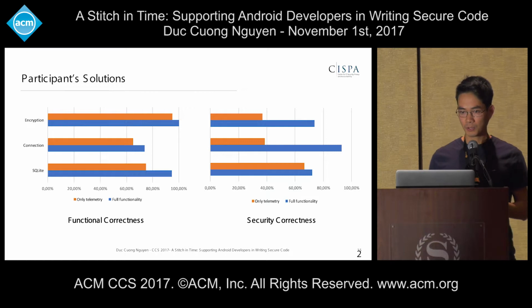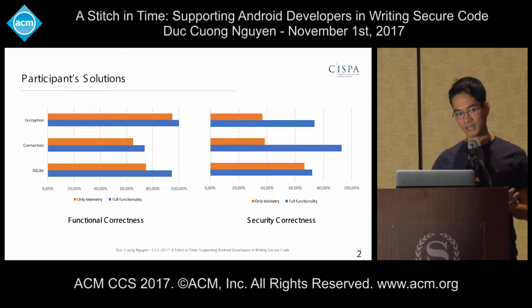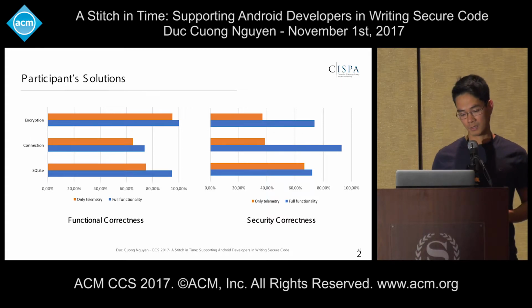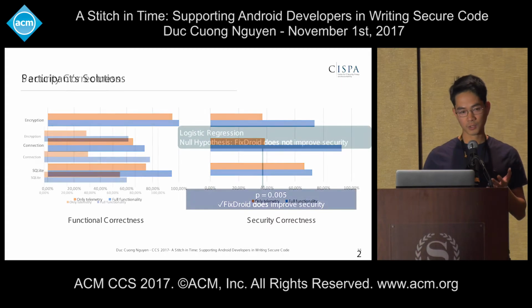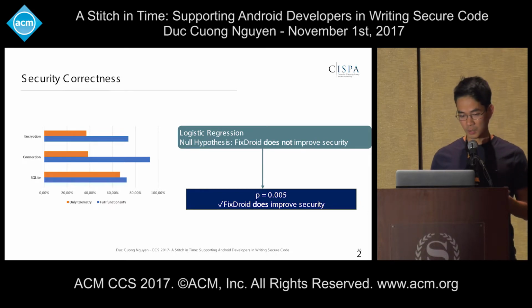Here, we don't really see a significant difference between these 2 groups, the one with fully activated FixRoid and the other one without FixRoid. However, when we look at the security correctness, we see a difference. Especially in the encryption and connection tasks, the difference is significant, with the exception of the SQL query task.